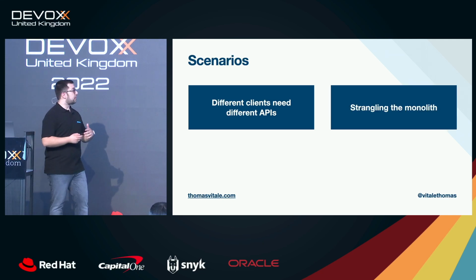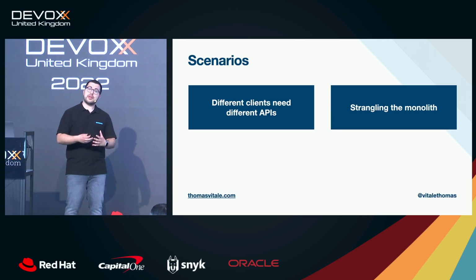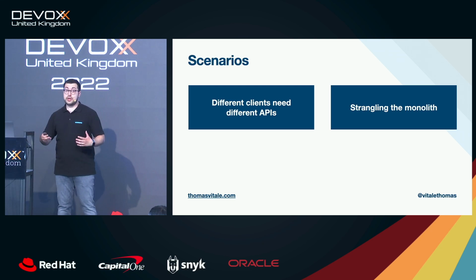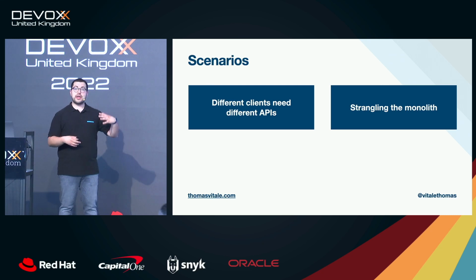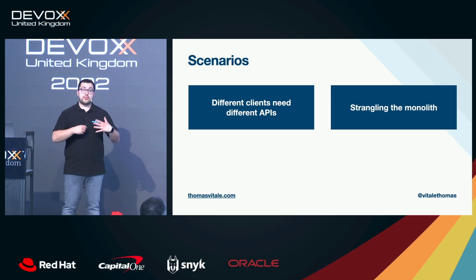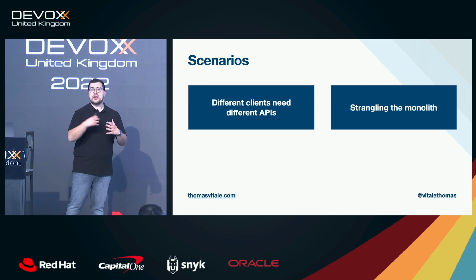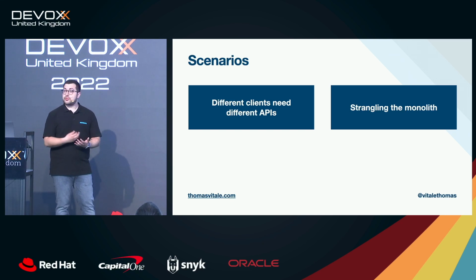Another scenario is, for example, if we have a monolith and we want to start extracting some functionality as microservices. For example, we identify a piece of functionality that we want to scale independently, that we want to deal with separately from the monolith, but at the same time, we don't want to disrupt the business we have today.